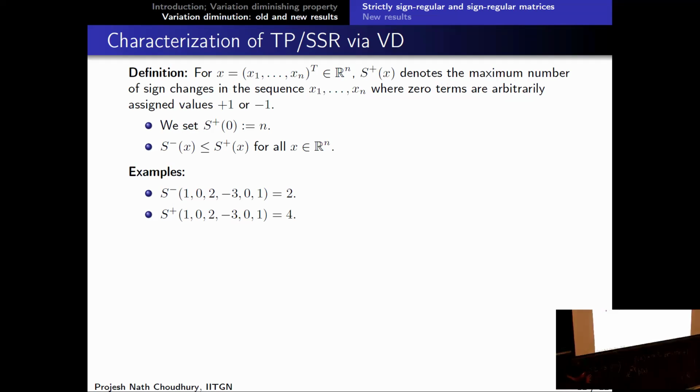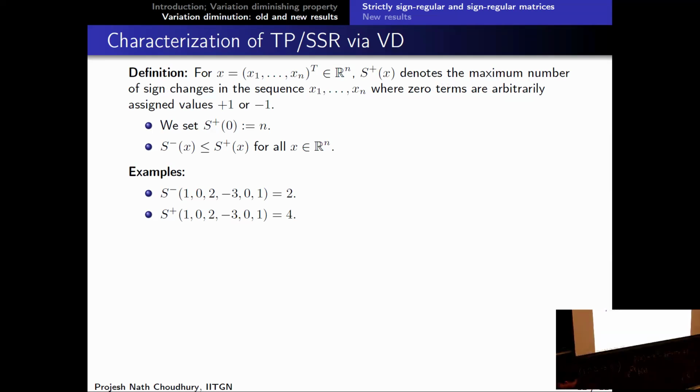Now if you replace 0 with minus 1, then how many sign changes are possible? That will be 4. If you replace anything here with plus 1 or minus 1, that will not affect anything. And if you replace minus 1 with 1 here, it will again not affect it. The number of sign changes will be the same.